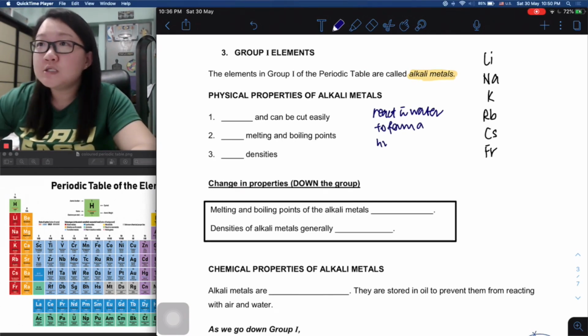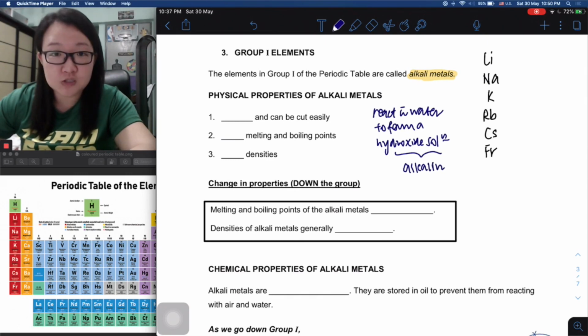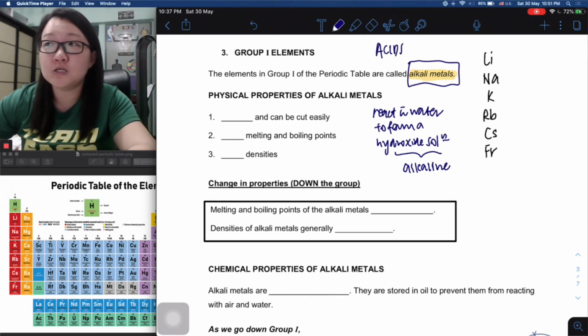Basically, group 1 metals will react with water to form what we call a hydroxide solution, and a hydroxide solution is alkaline. The OH minus hydroxide ion actually makes the solution alkaline. Once we go to the chapter on acids and bases, we will talk about it a bit more extensively.